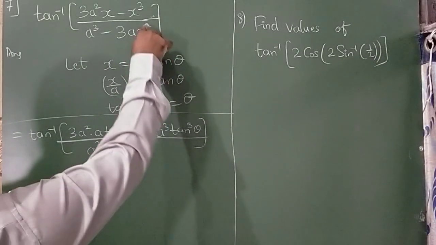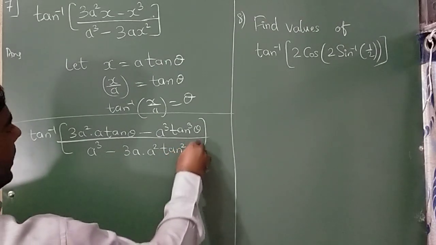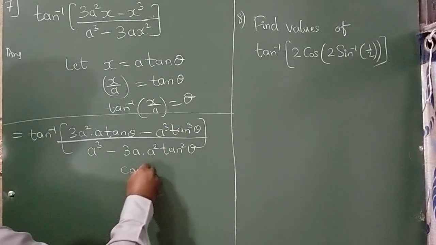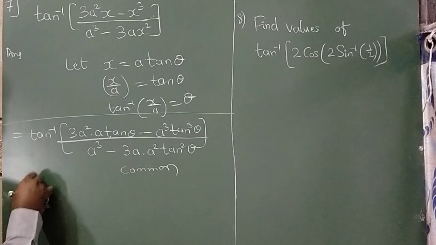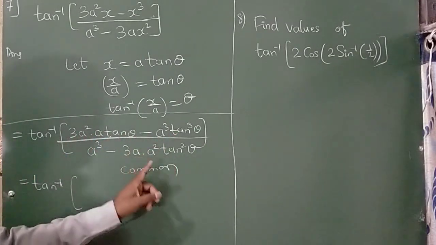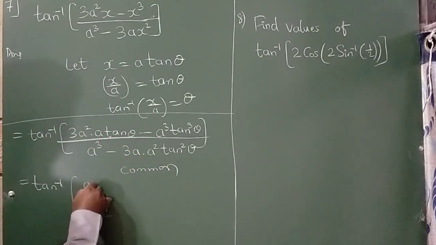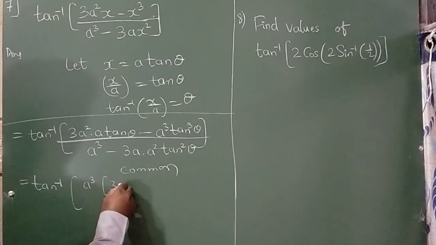In place of x, but there is an x square, so a square tan square theta. Now I am going to take common. What do you see common in numerator and denominator? It is a cube, because a square into a is also a cube.